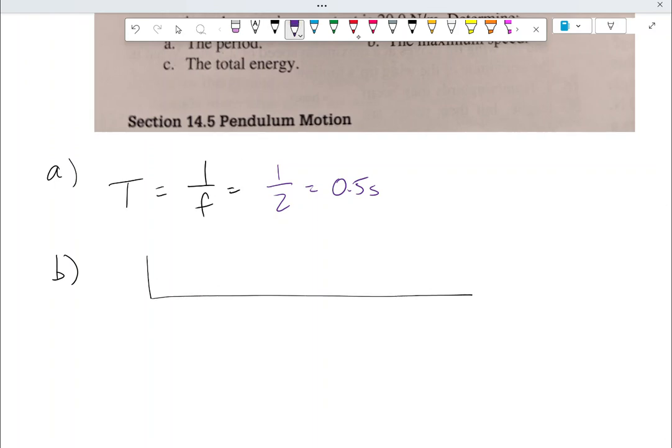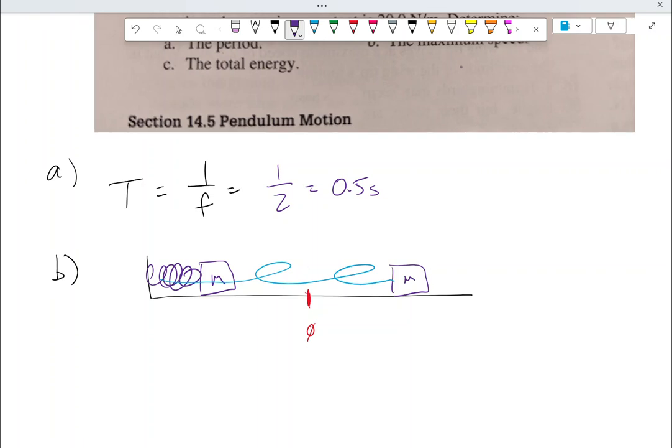Let's say this is the equilibrium position right here, this is 0. Here is when the spring is scrunched up like this, and then it's going to oscillate to this point right here, where I'll draw it in a different color, where the spring is stretched out, like this. And so it's oscillating back and forth.